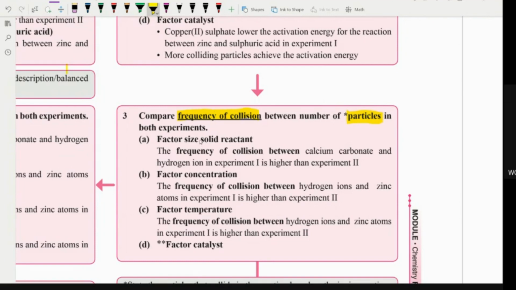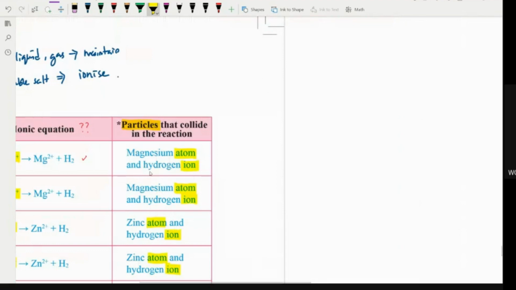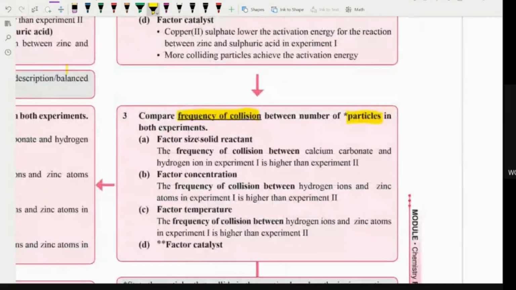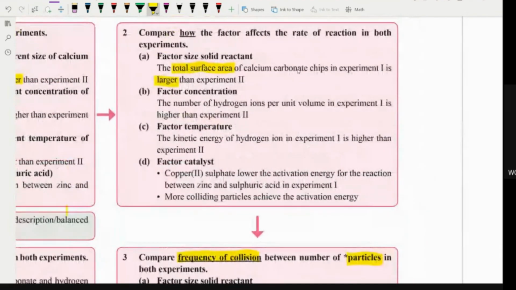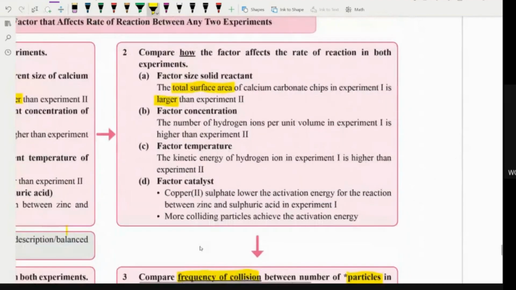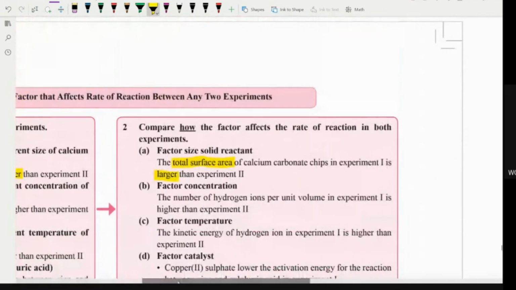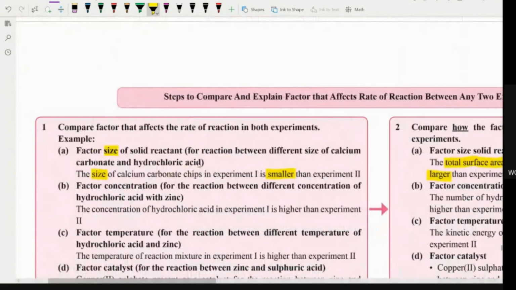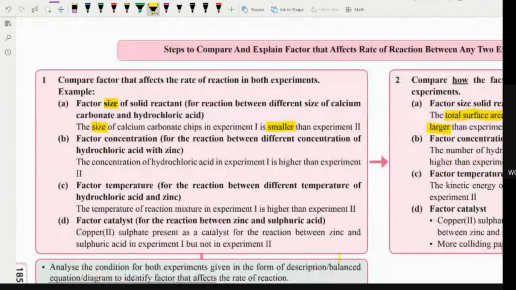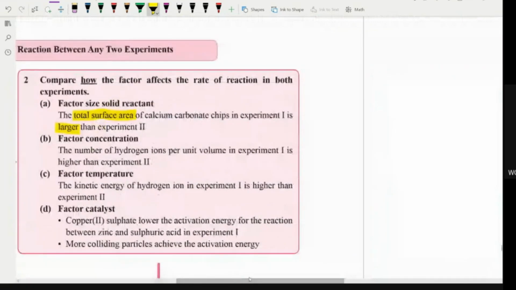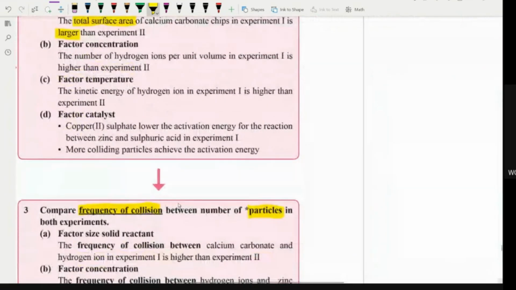For this one, just now it is calcium carbonate with the acid, normally hydrochloric acid. So what are the particles colliding?